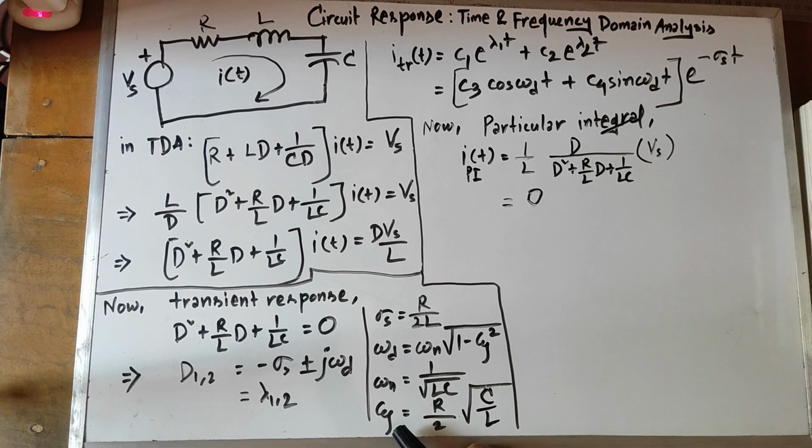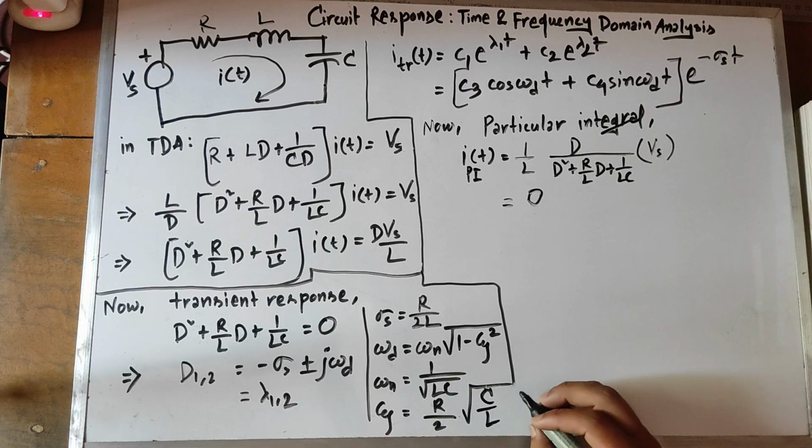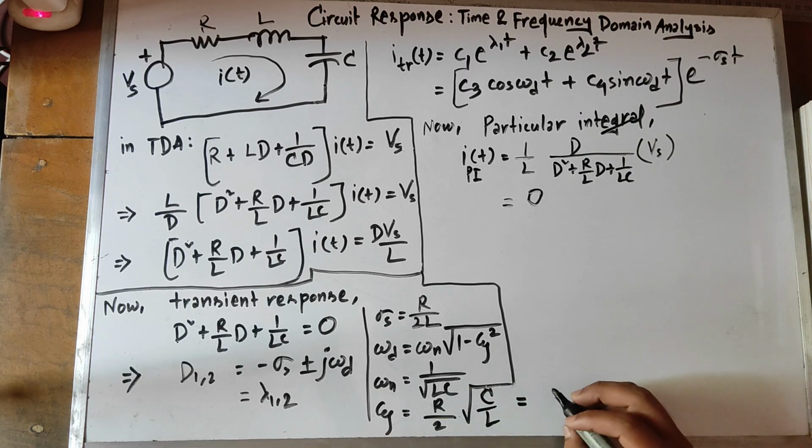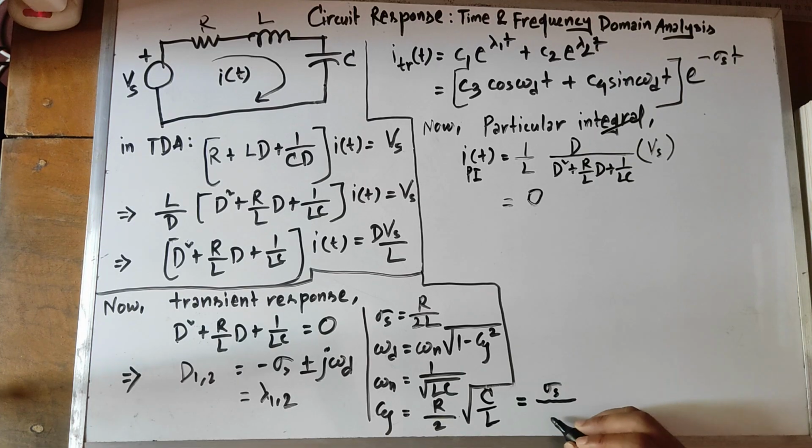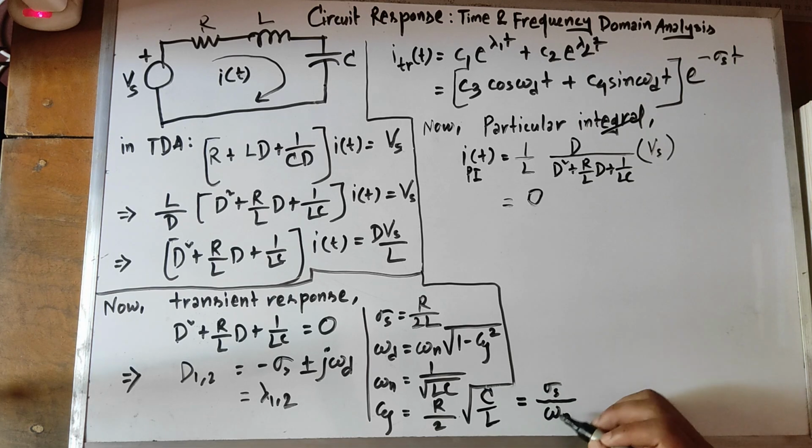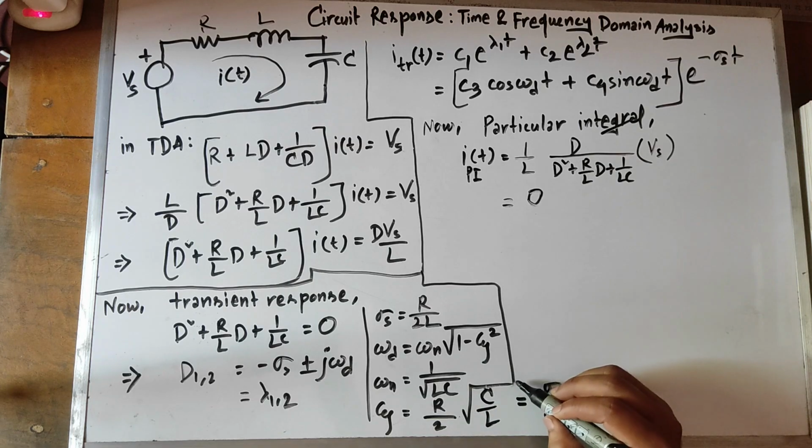And zeta is the damping ratio, which is R by 2 root over C by L. Here I can also tell you how I found it. As I said, this is the ratio of the damping factor and the undamped natural frequency. The ratio of these two gives the damping ratio.